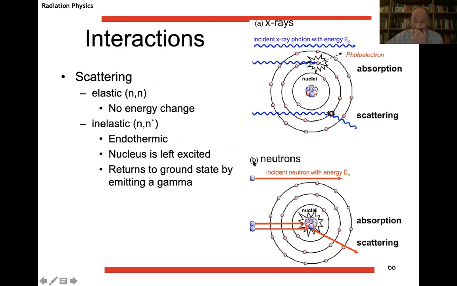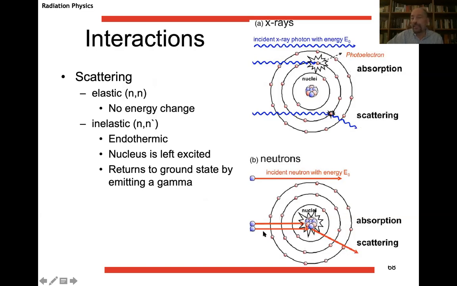So the elastic scattering, this is a comparison, let's say, with photons, where you have the photoelectric effect and the Compton scattering. Here you have an incident neutron with this energy, but then you have two important effects.